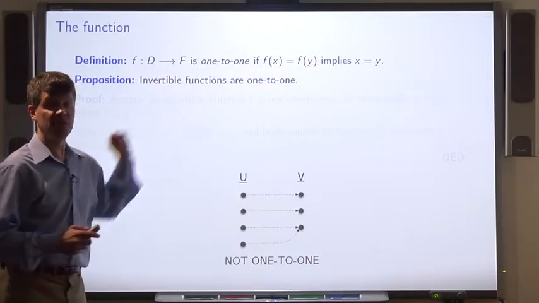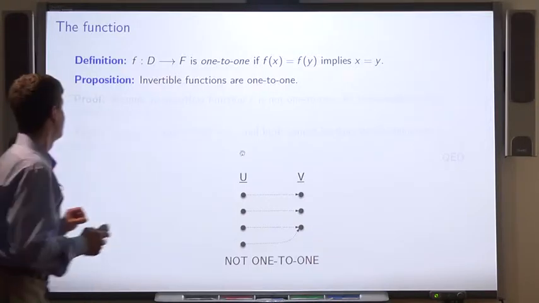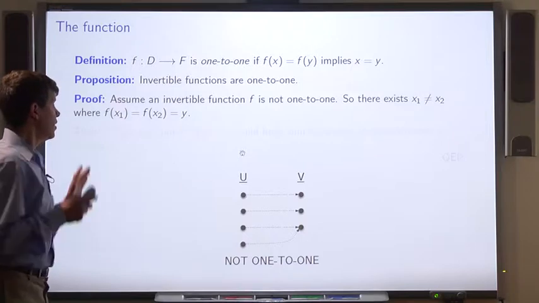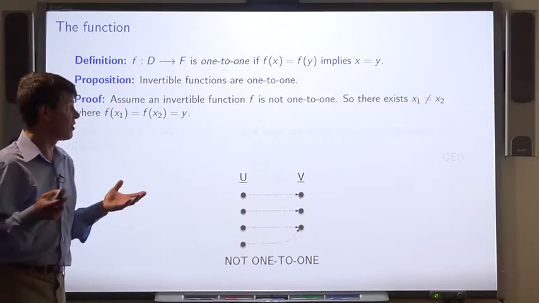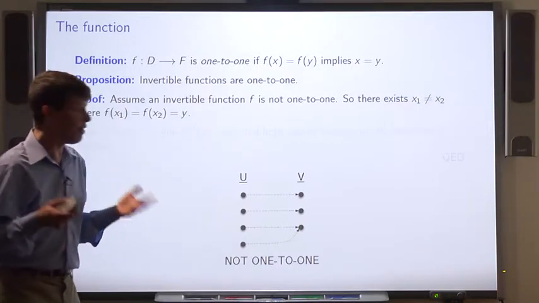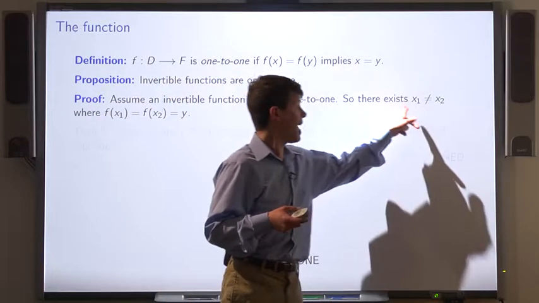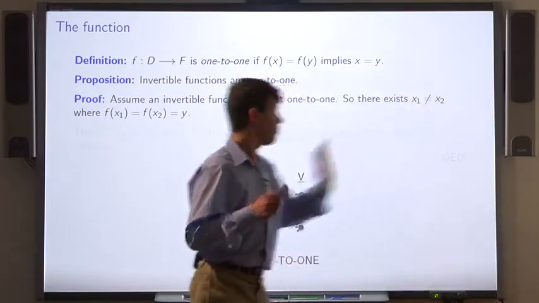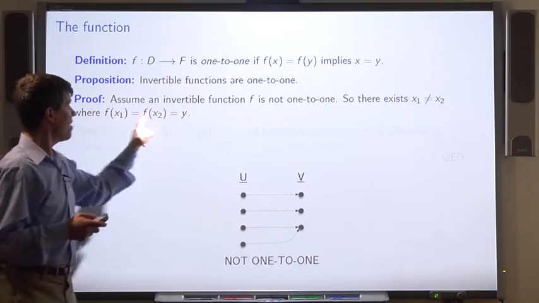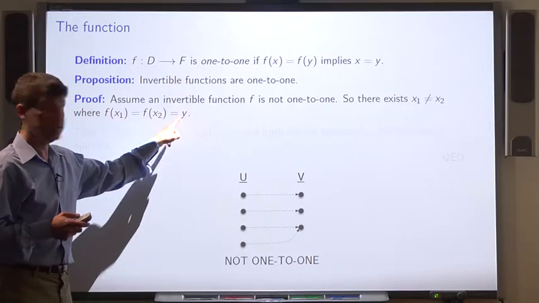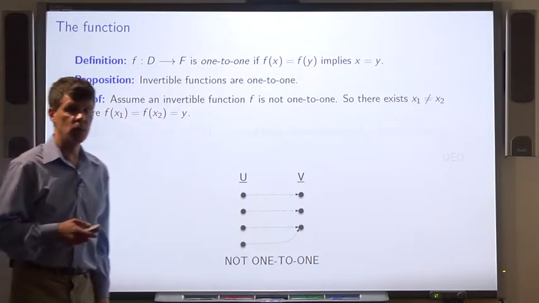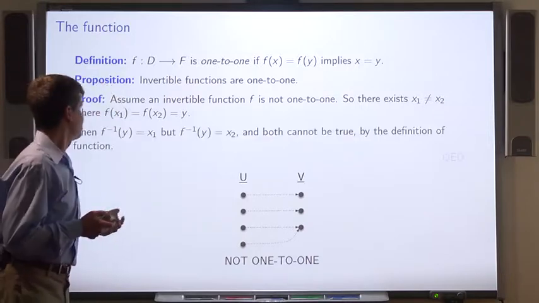Now, invertible functions are one-to-one. Here's the proof. Suppose you have an invertible function f and it's not one-to-one. So there exist two elements, x1 and x2, that are different, where they have the same image, y, under f. Well, what's the inverse of f?